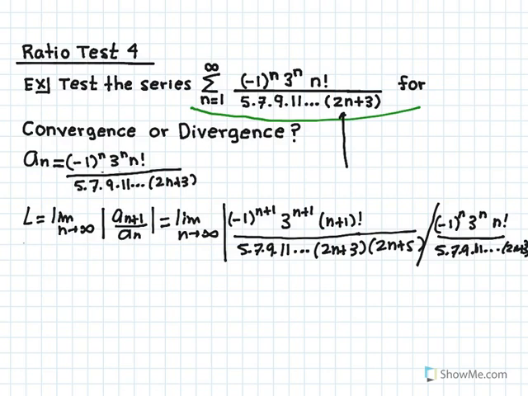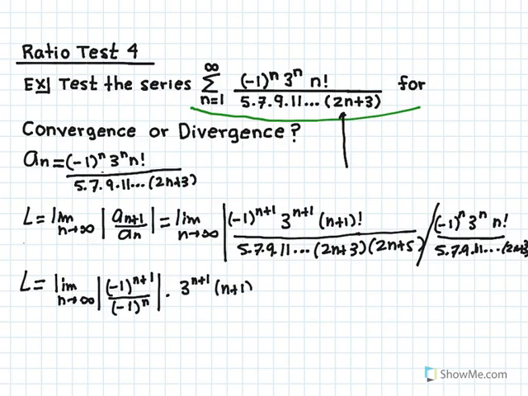All right, so let's simplify this. We get L is equal to limit n approaches infinity, absolute value of negative 1 to the power of n plus 1 divided by negative 1 to the power of n, times 3 to the power of n plus 1 times n plus 1 factorial, divided by 5 times 7 times 9 times 11 all the way up to 2n plus 3 times 2n plus 5.